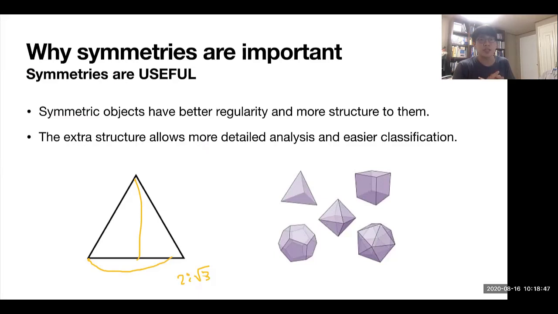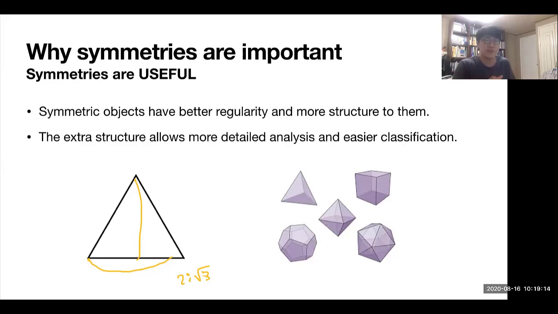And the reason you can say something so fantastic like that, some sort of complete classification result, that there are only 5 different regular polyhedra, is because you're exploiting the particular rotational symmetry of these objects. And you can say something about these rotational symmetries. You can really classify these things, which is in general very hard.